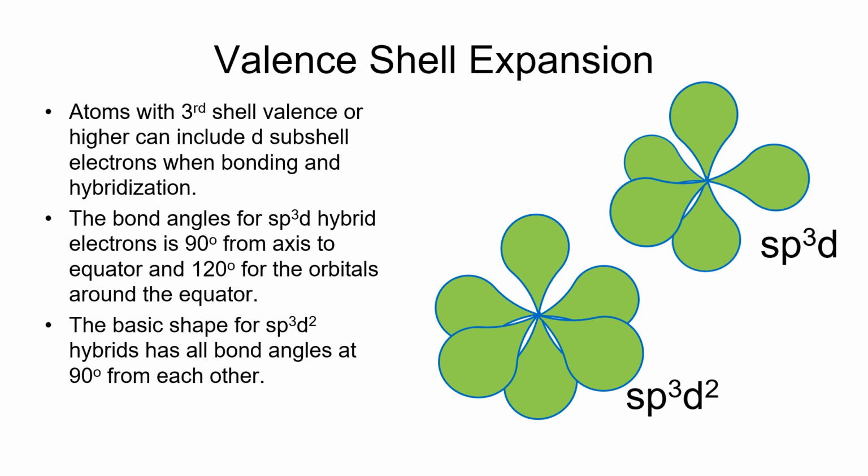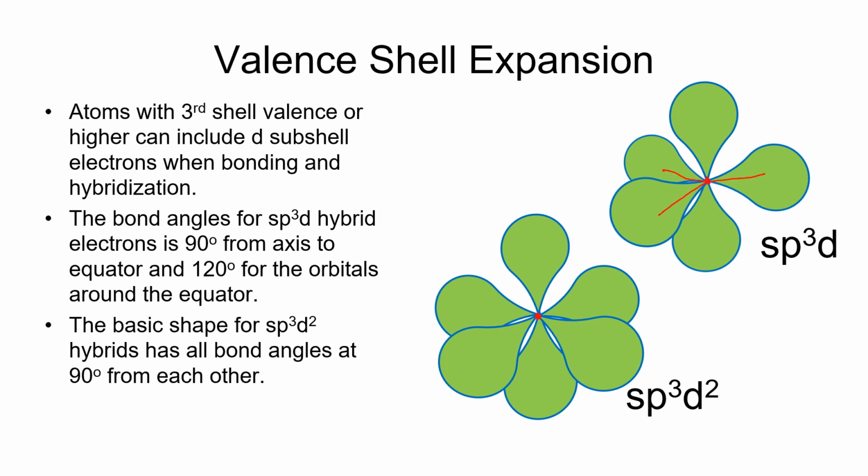Now, molecules that involve valence shell expansion also take shapes that are the result of repulsion of electrons. Once you have all those hybrids made, if you have 5 pairs of electrons all hybridized so that they all have the same energy, you'll get 3 around the middle.